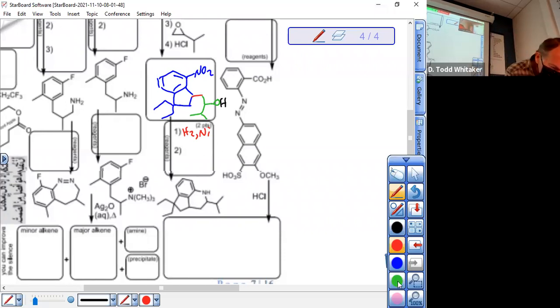After you do PCC, it makes a ketone, and that will automatically condense. You can assist it with H2 and Pt to make sure the double bond on your imine is now CH and NH. There you go.